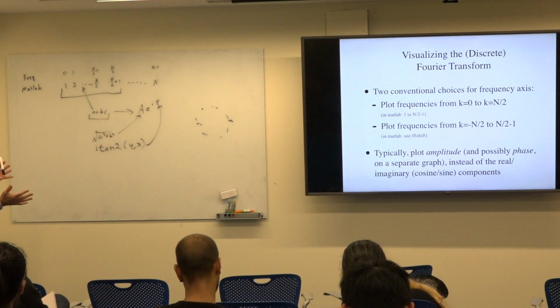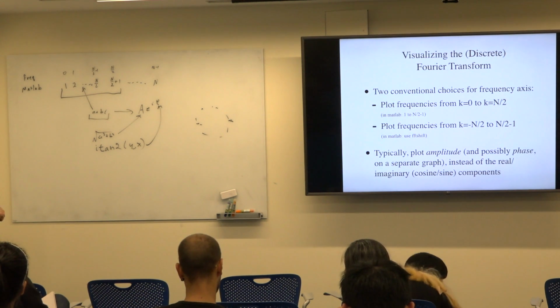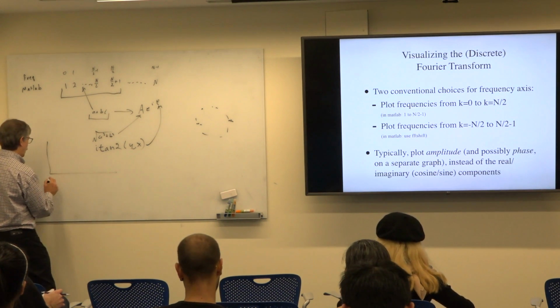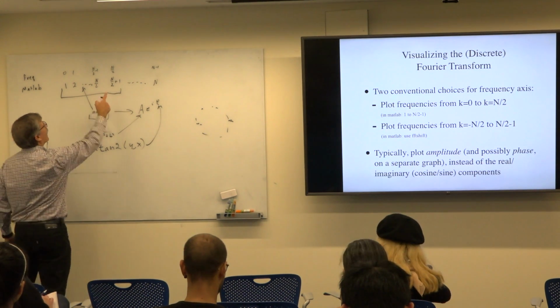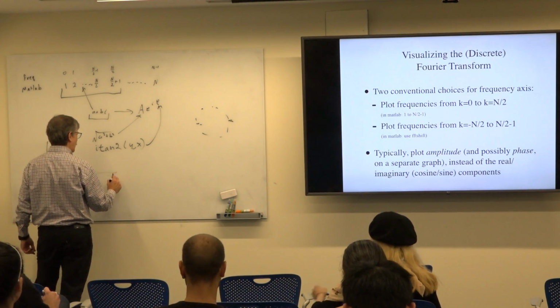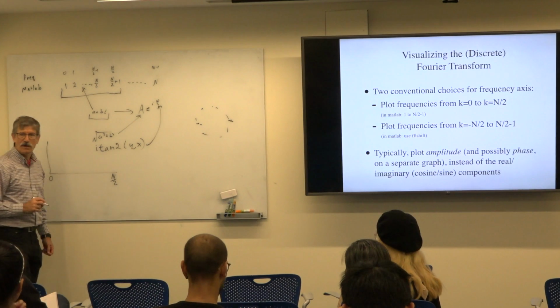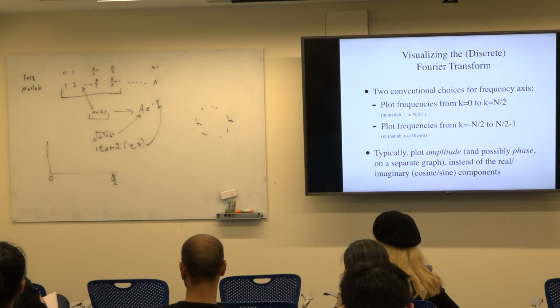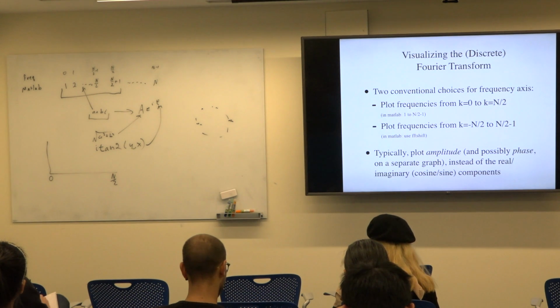And so we have 4 different numbers we could plot. And we could plot it on a graph with an axis that goes from 0 to the highest frequency that we've got here, which you could label n over 2, in which case the units on the x-axis are cycles per signal, number of repeats per the length of your signal.